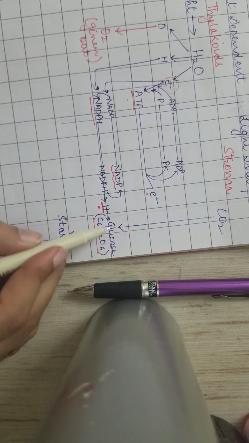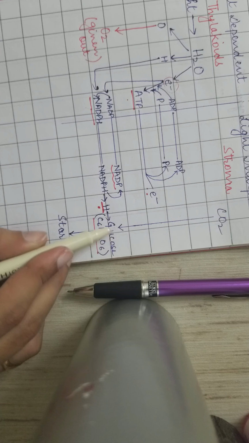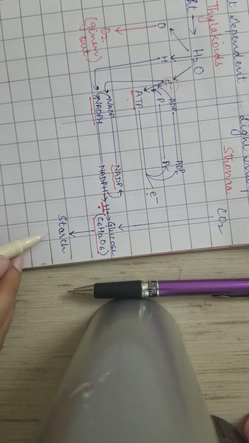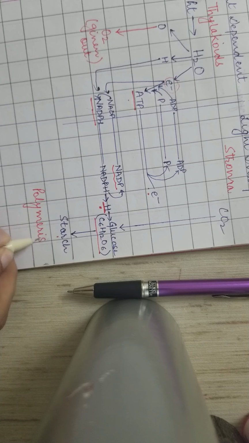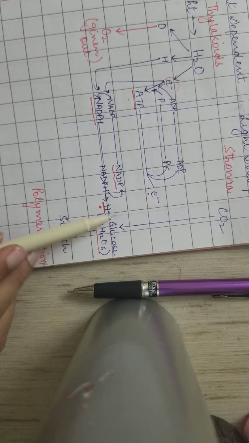Several molecules of glucose, when they combine together, form starch, and this process is known as polymerization. Polymerization is when several glucose molecules combine to produce one molecule of starch.